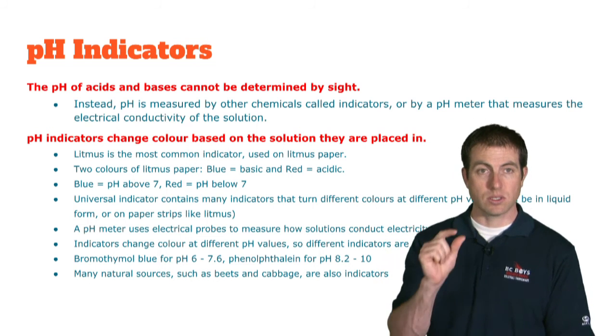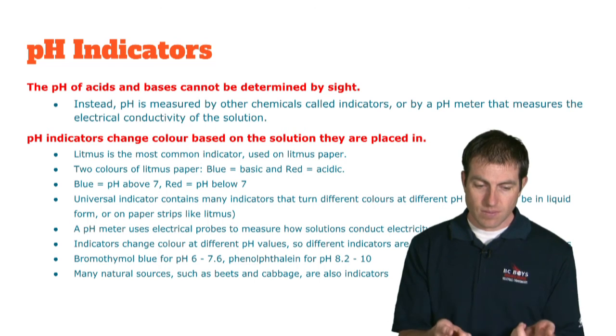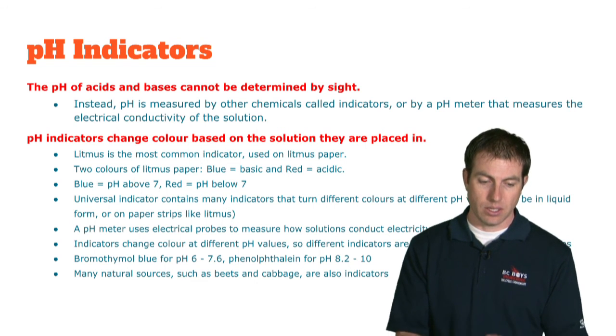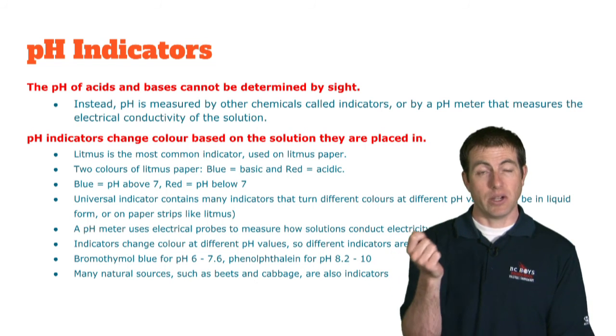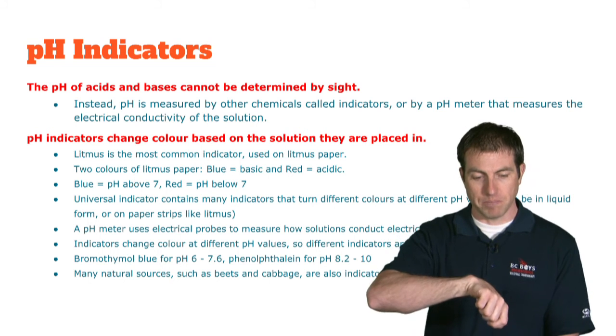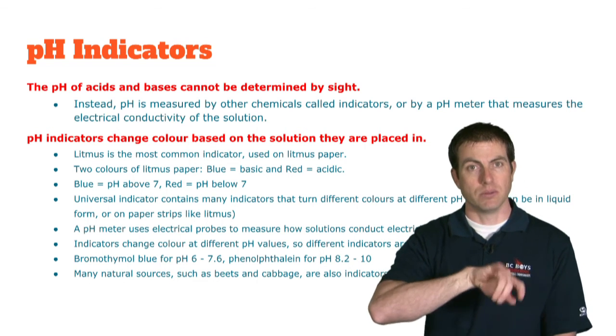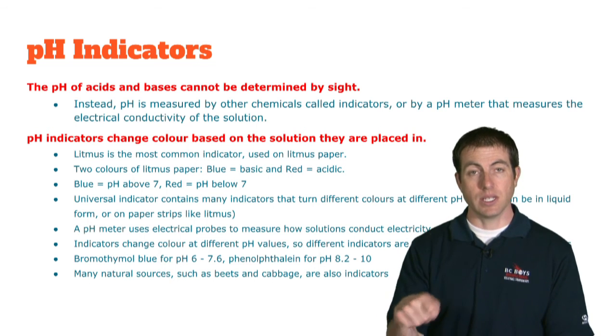Litmus paper is basically tiny little strips of paper, and it's either red or blue. It doesn't matter if it's red or blue litmus paper: if you put it in some base, it turns blue. Think of the B in base as blue. If you put it in something acidic, it turns red.